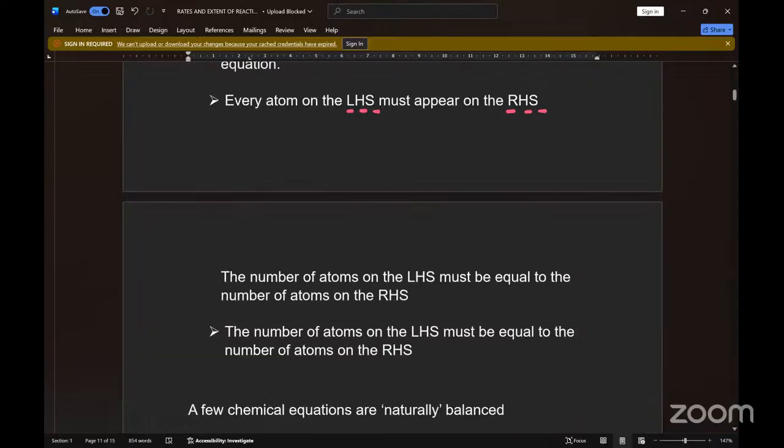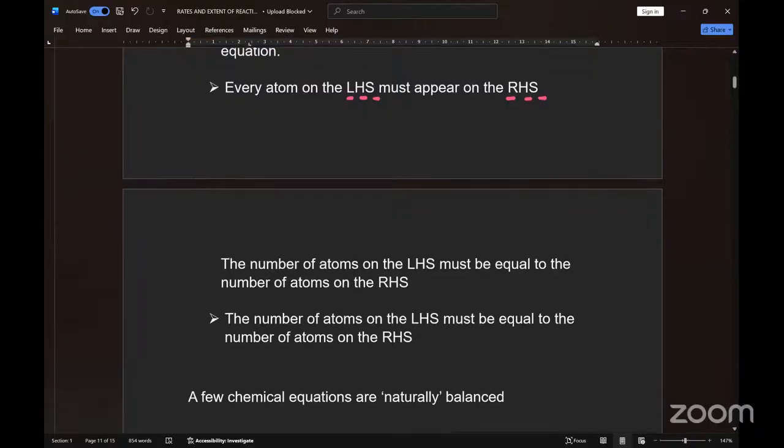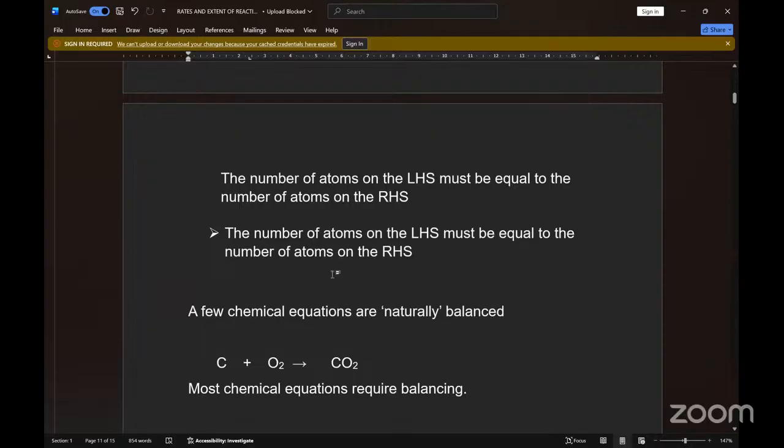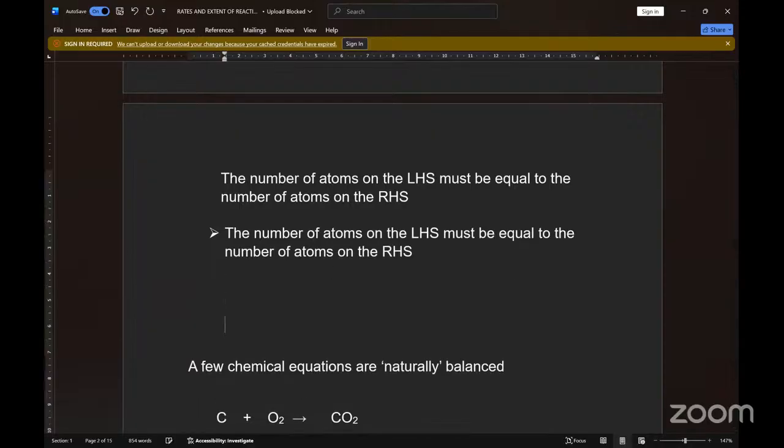The second principle is that the number of atoms on the left-hand side must be equal to the number of atoms on the right-hand side. Now, to do this, you use what we call coefficients. Now, I will explain that. So, for example, if you have one that includes water, let's say you have water here. This is the formula of water.